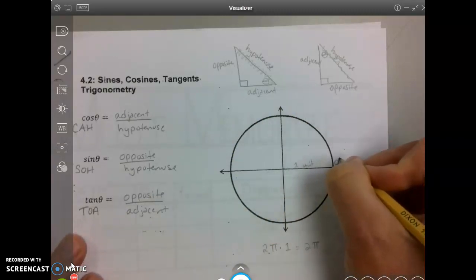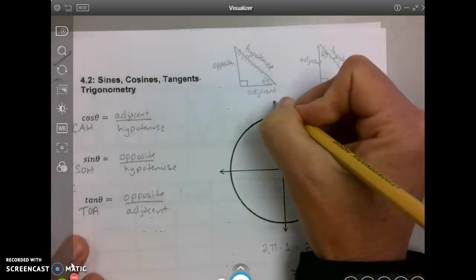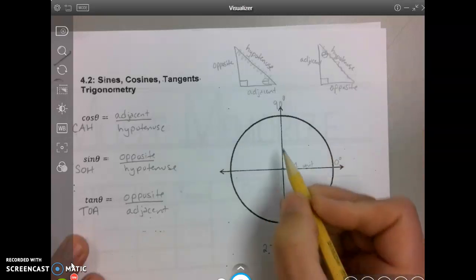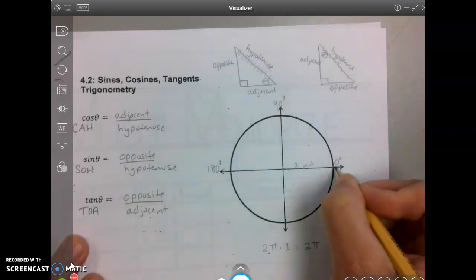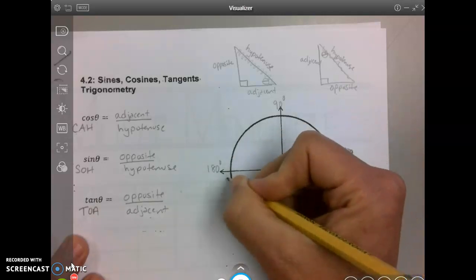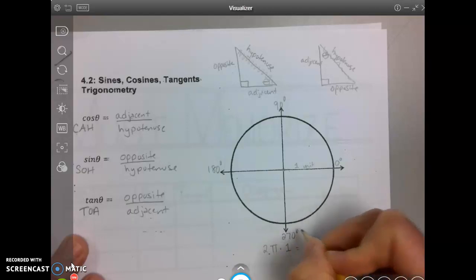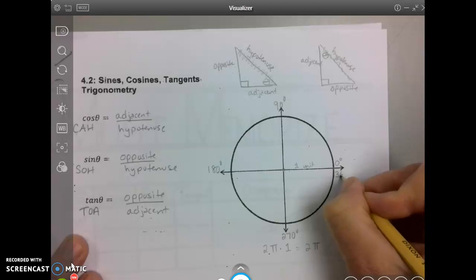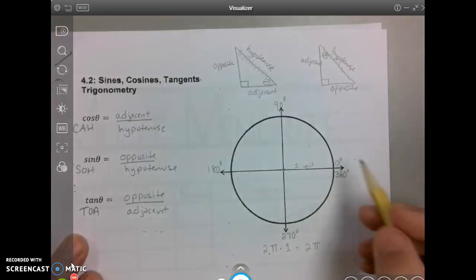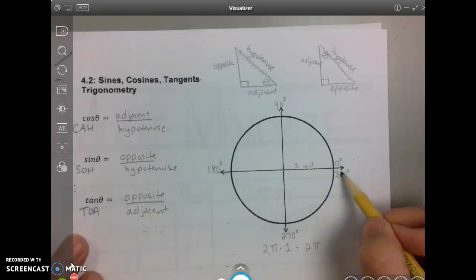This is 0 degrees. As we travel up to the top, this is 90 degrees. Over here to this side, I'm at 180 degrees. Notice I'm going counterclockwise, which is my positive direction. Then I'm at 270 degrees, and I come back to here, and I'm now at 360 degrees. So right here is either 0 or 360.